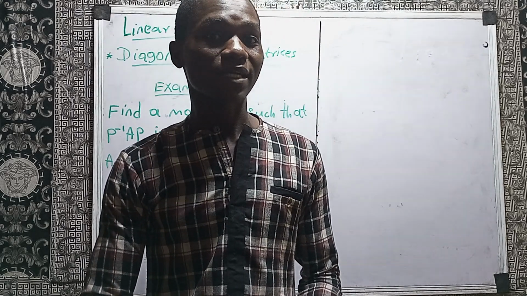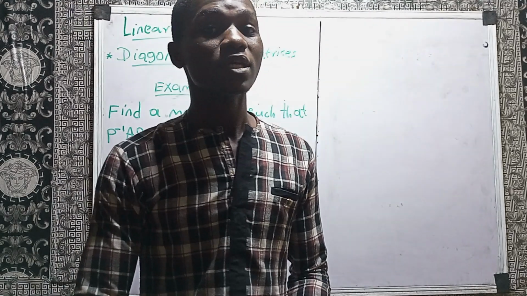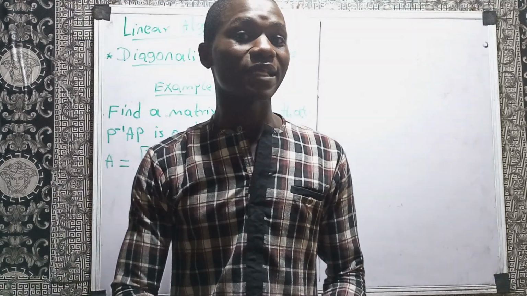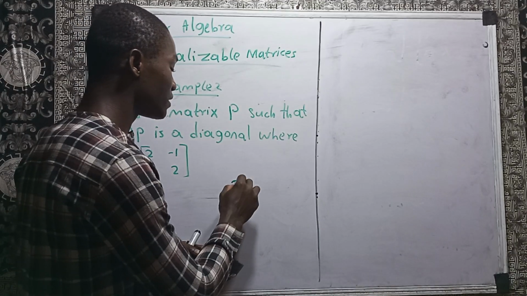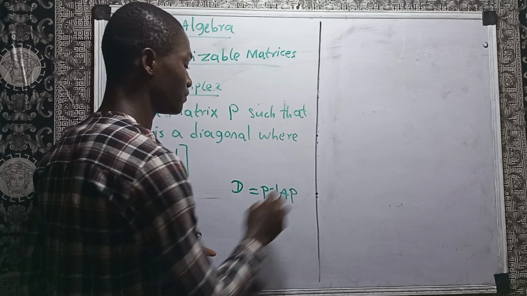Now we say that a square matrix A is diagonalizable if you can find an invertible square matrix P and a diagonal matrix D such that this diagonal matrix D will be equal to P inverse AP.